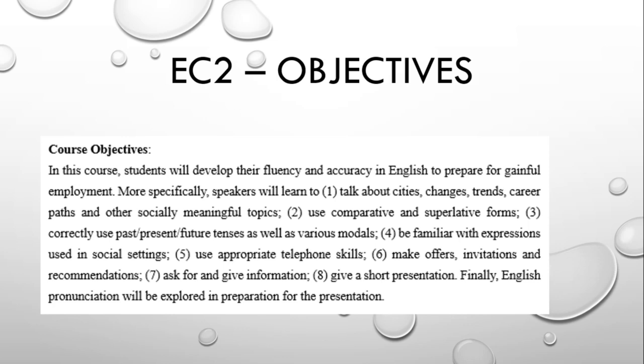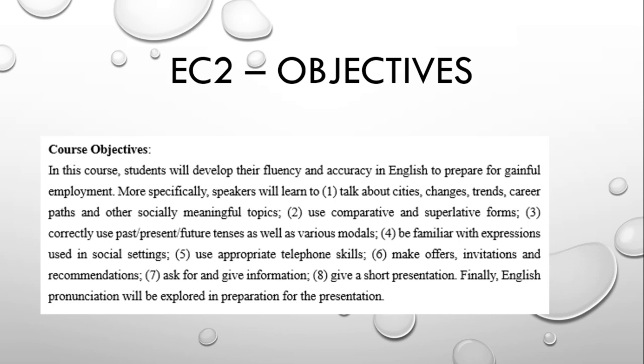Three, correctly use past, present, and future tenses, as well as various modals. So these are the different verb forms that we need to know to use English. Four, be familiar with expressions used in social settings. Five, use appropriate telephone skills. Again, we will start that in Unit 6. Six, make offers, invitations, and recommendations.